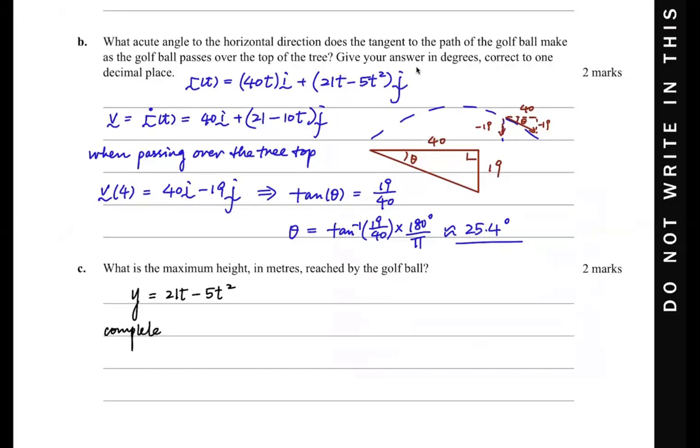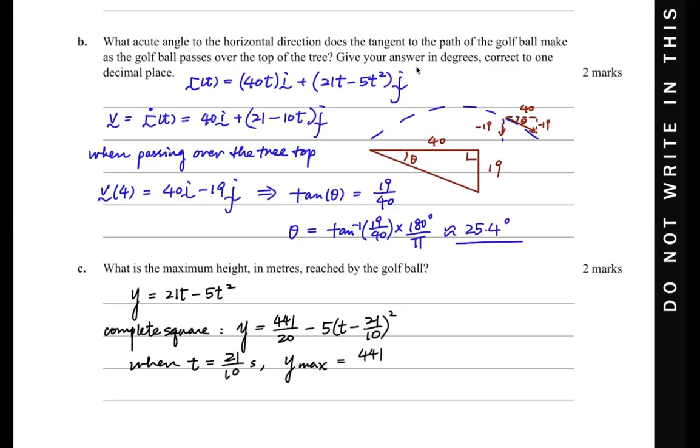Complete the square. y is 441 over 20, take away 5 times (t take away 21 over 10) squared. When t equals 21 over 10 seconds, y max is 441 over 20 meters, okay?